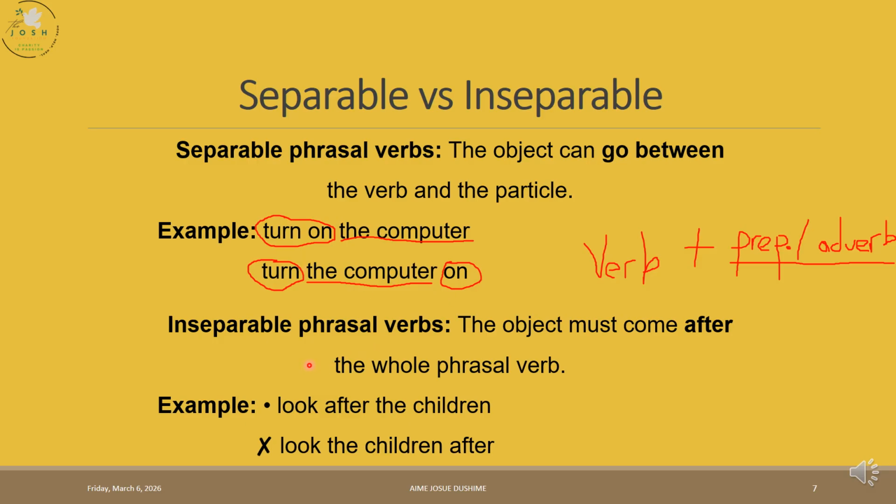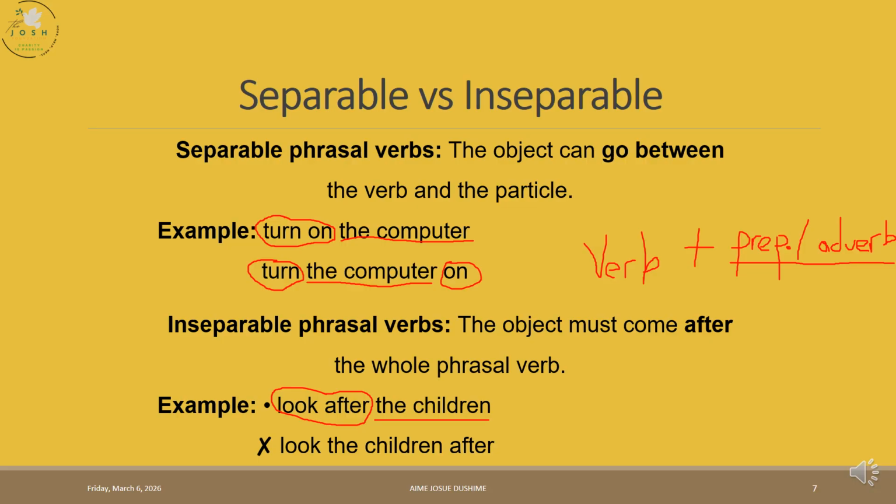But when we go into the inseparable phrasal verb, the object must come after the whole phrasal verb. We can never separate the verb from its particle. The particle and the verb stay together. For example, if I say look after the children, look after is a phrasal verb, and the object is the children.